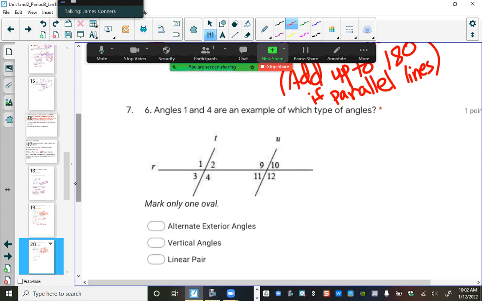But what about 1 and 4? Vertical? They're going to be vertical. They're opposite and they're at the same intersection.